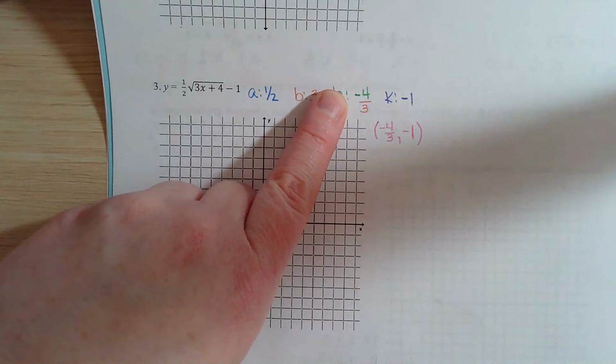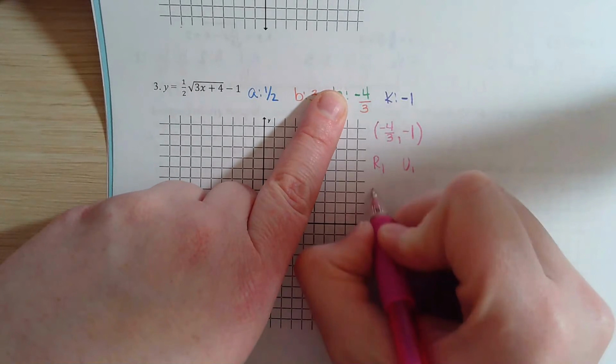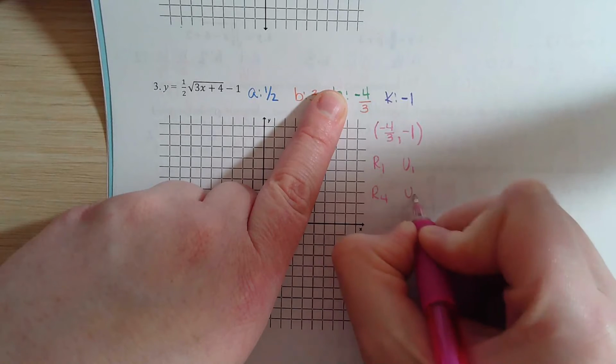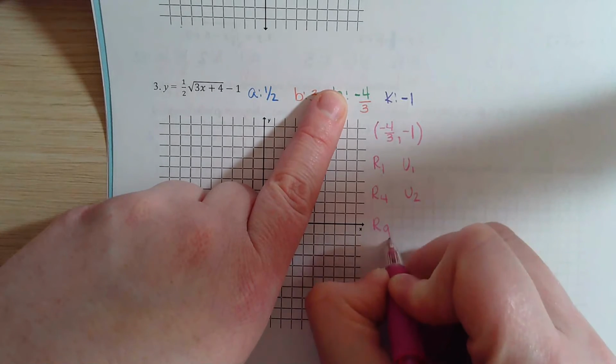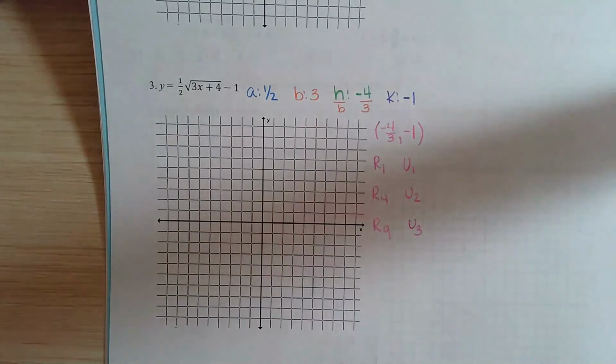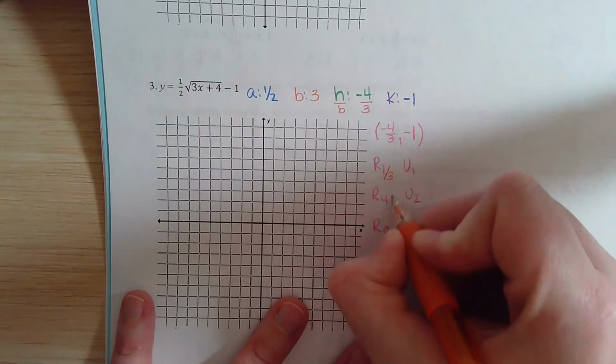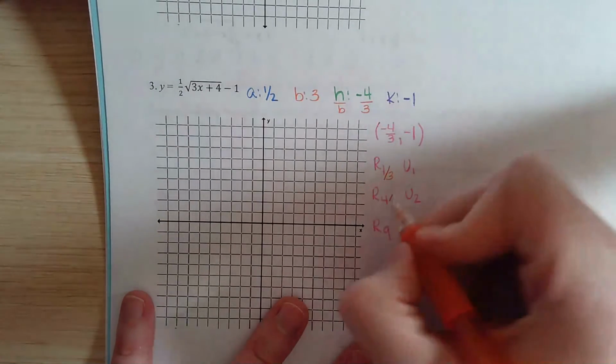And I'm going to do my rules. You have right 1, up 1, right 4, up 2. If you wanted to, you could do right 9, take the square root of 9, and you get up 3. You do not have to do that. Divide by 3. Gosh darn it.